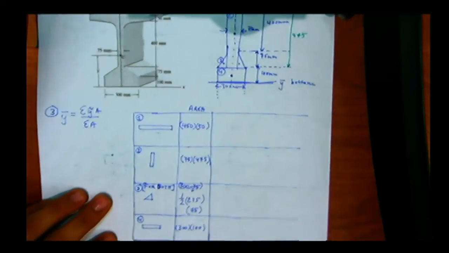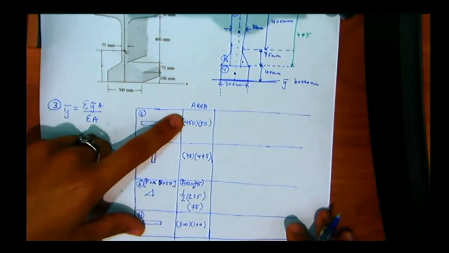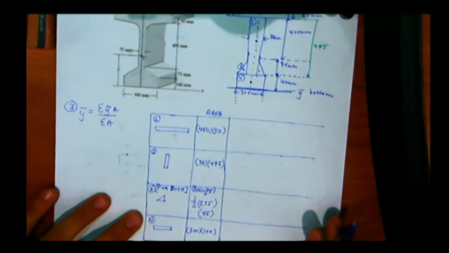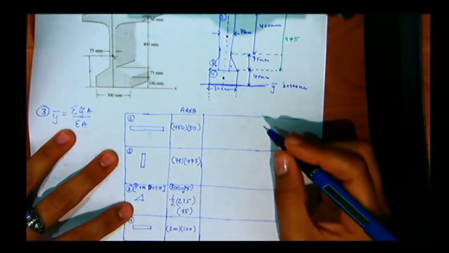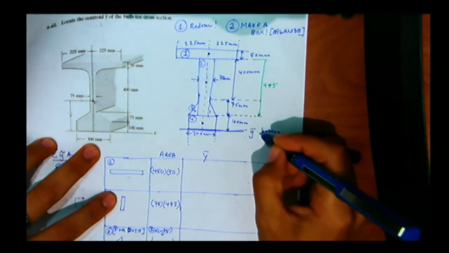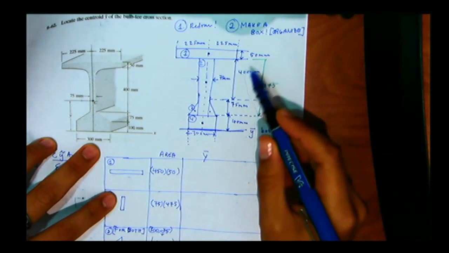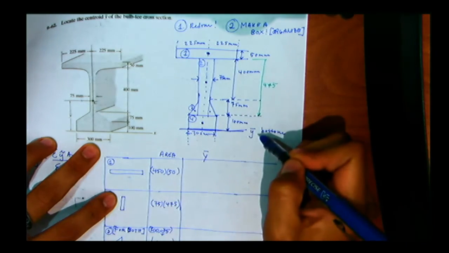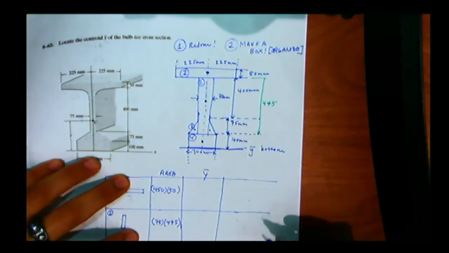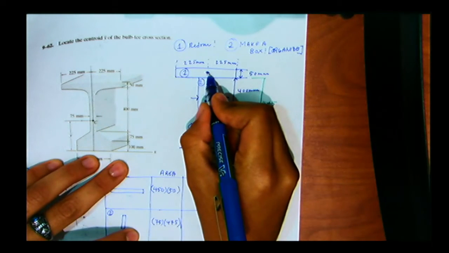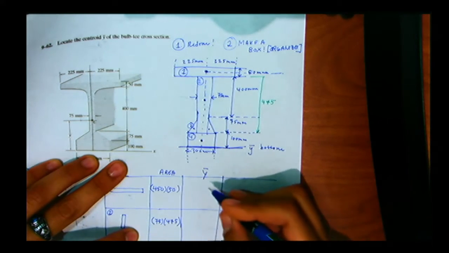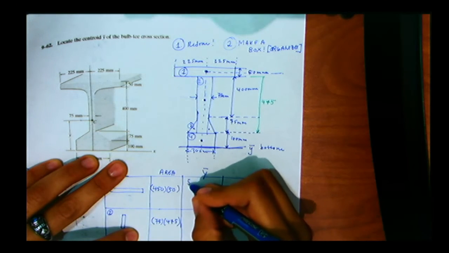Then I'm going to determine where my y bar is from the bottom for each of these, where our y centroid is for each. The first one is half of that 50, so 50 divided by 2 plus that whole distance to the bottom.